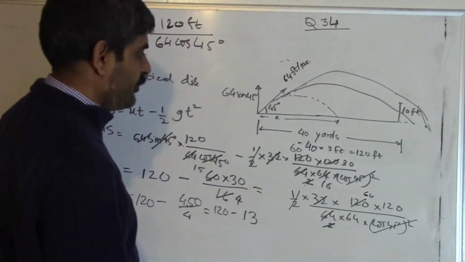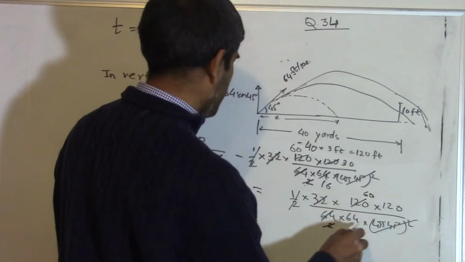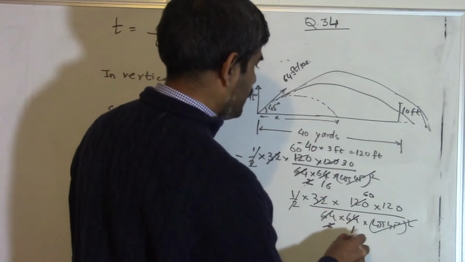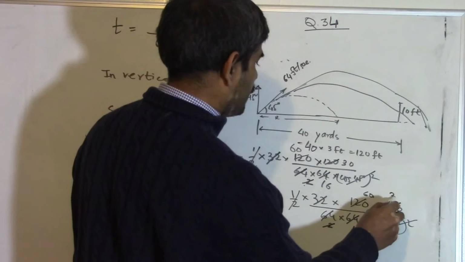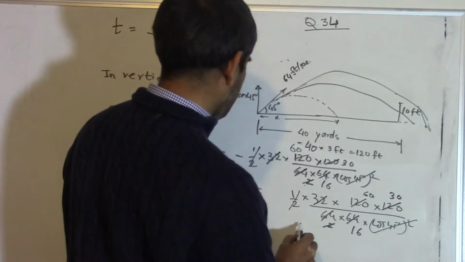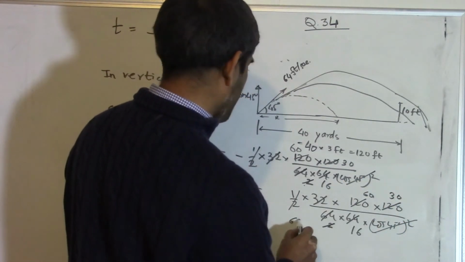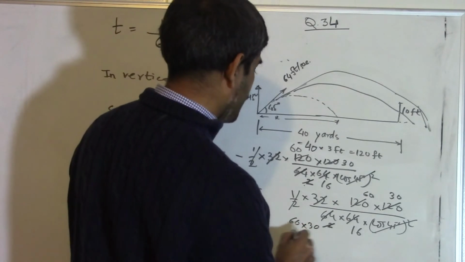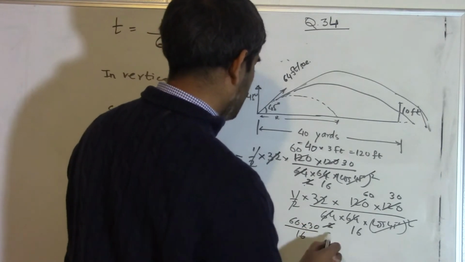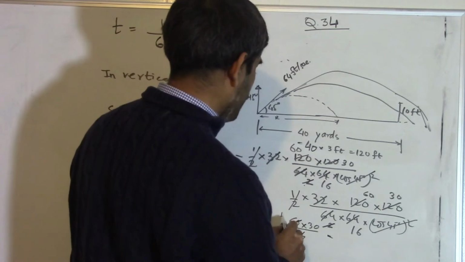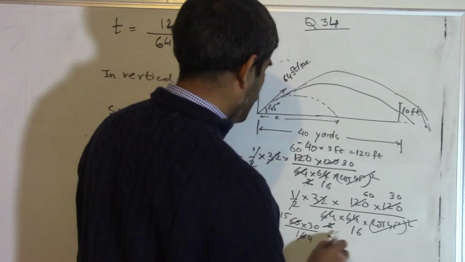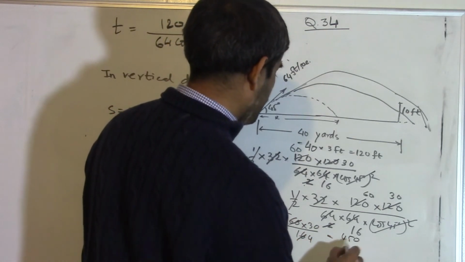So we have 16 here and 30 here. So 60 into 30 divided by 16. This will be 15. 450 divided by 4.